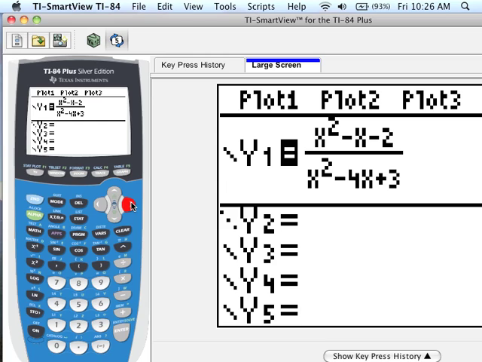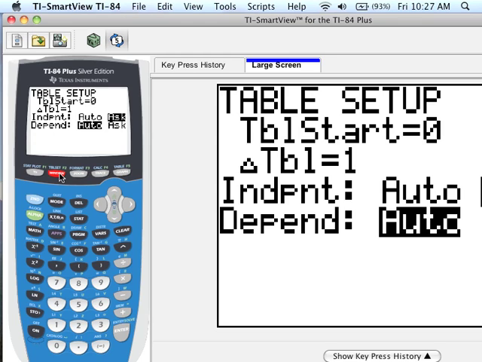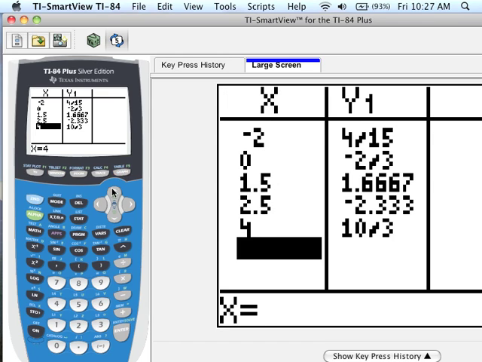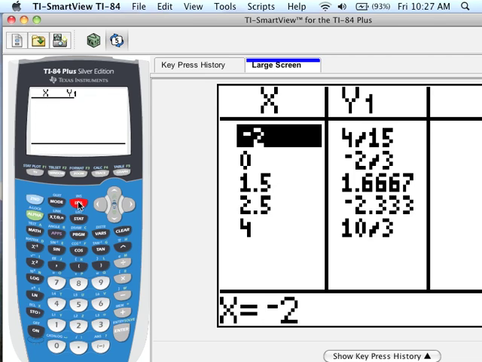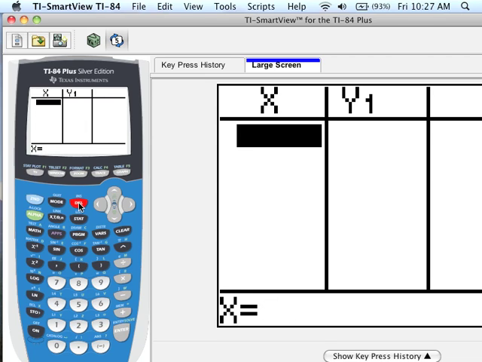Now the only way this will work is if you have it set up in the correct format. Remember that you need your table set up to be in Ask Auto mode. So if you go to second table set right there, you notice I have it in Ask Auto mode. That's going to allow me to manipulate my table, and I'll get to pick the x values that I substitute. Then we do second graph, go to the table, and if I delete them out, we can check them together right now.